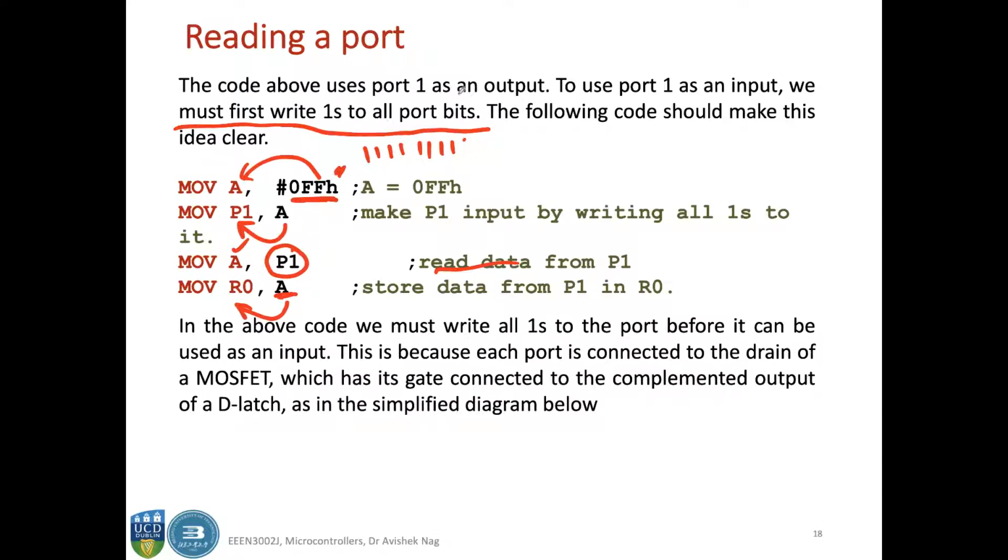And the reason you have to write all ones to all port bits is to do with the internal circuitry of the ports. Okay, so remember that all ports, here in this example we showed just for port 1, but for all ports, to read from those ports you have to do this step, write first all ones to all port bits.